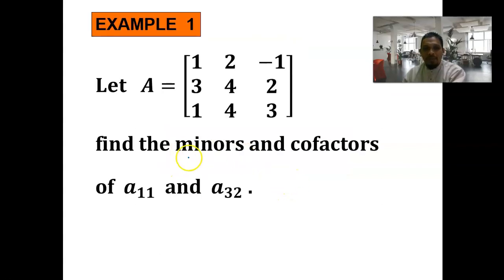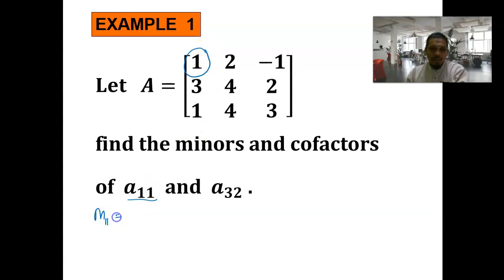Okay, for example, find the minor and cofactor of A11 and A32. So class, these are all the elements in matrix A: A11, A12, A13, A21, A22, A23, and A31, A32, and A33. The minor and cofactor of the element A11, which is 1 here.